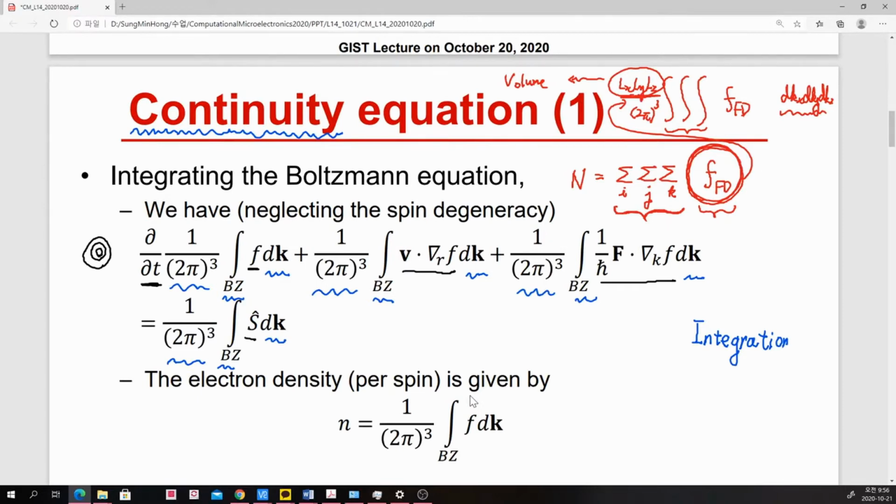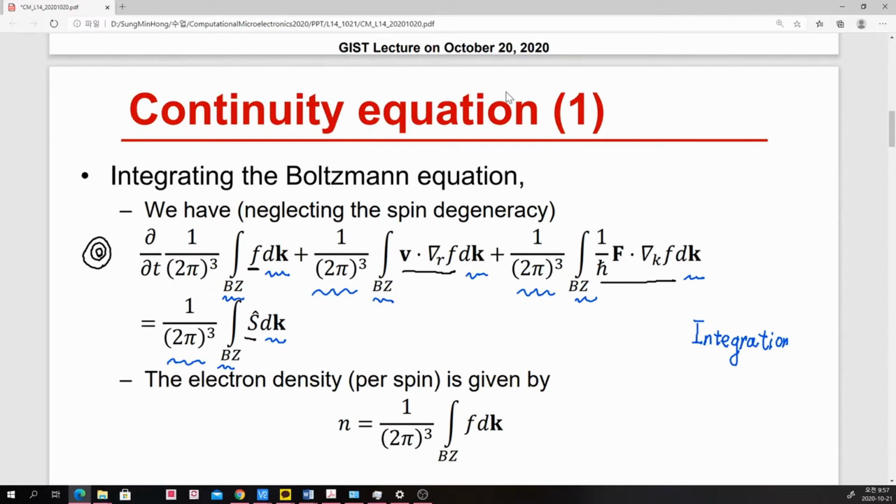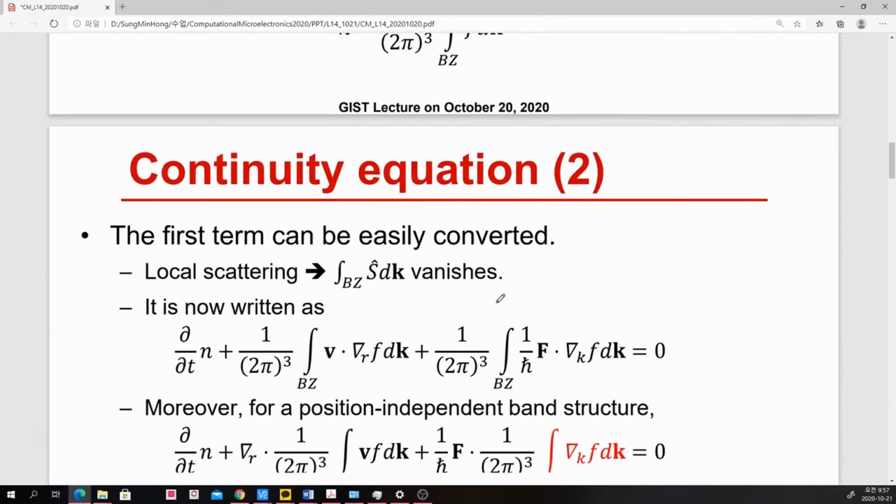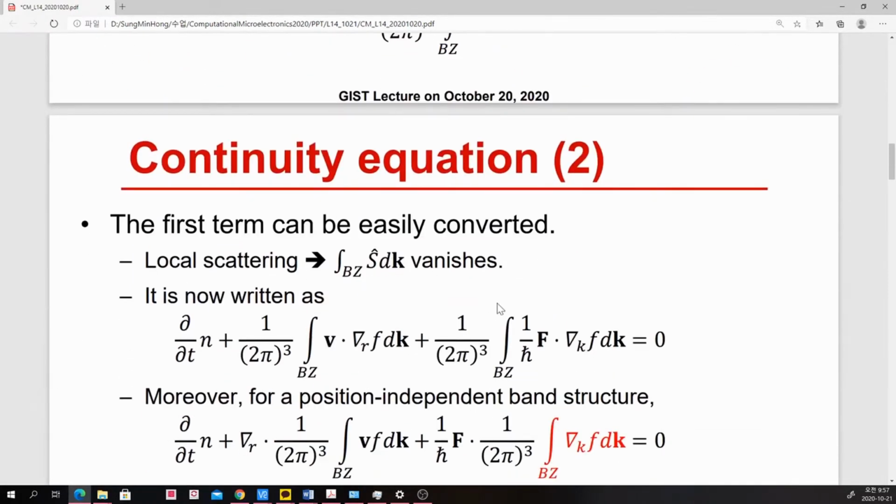Okay? The first term can be easily recognized as ∂n/∂t. So we have discussed it already. So now we can say the first term is written as ∂n/∂t.